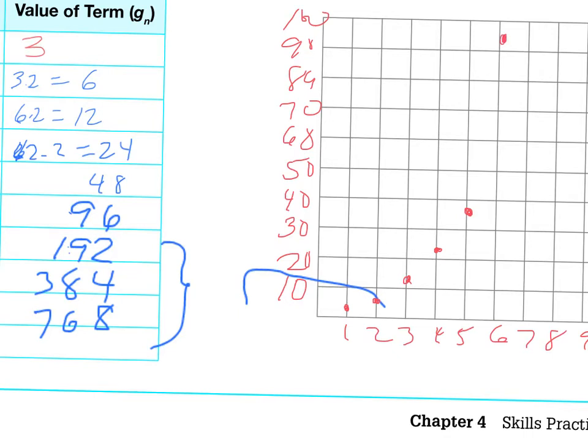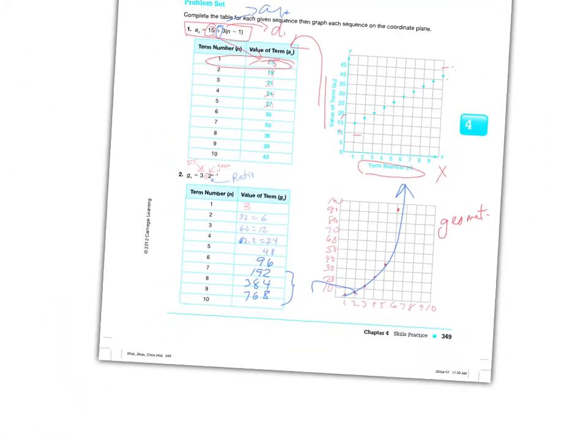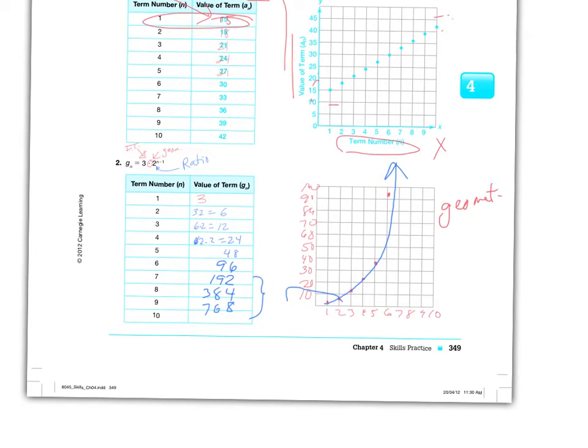This might be the last one we get to do. So there is our exponential, geometric. It's called geometric. We're describing the terms. You don't want to connect the dots, but you can see how they would go straight up like that. Don't connect them, just pure dots. It is discrete. Let's look ahead and see if you can do this on your own.